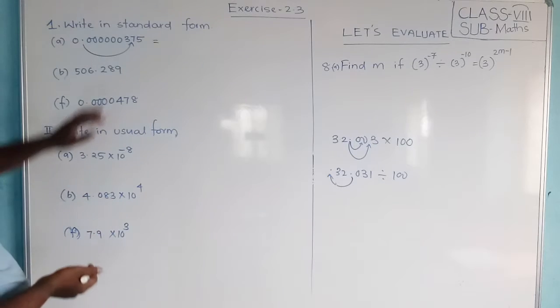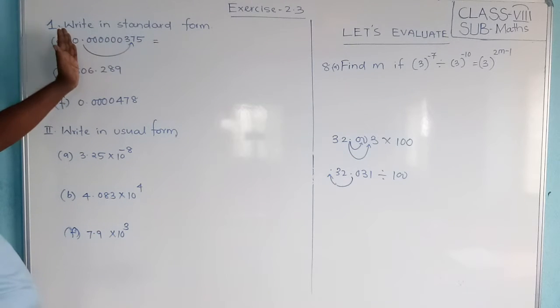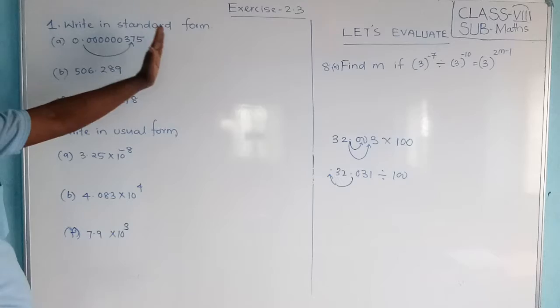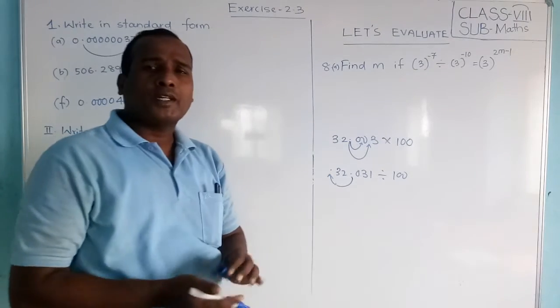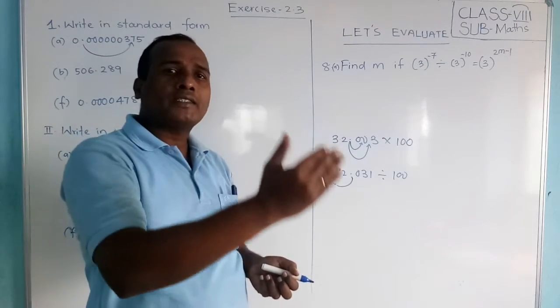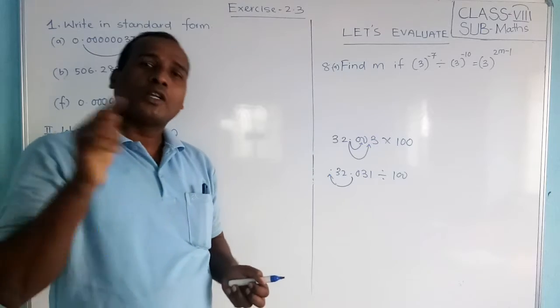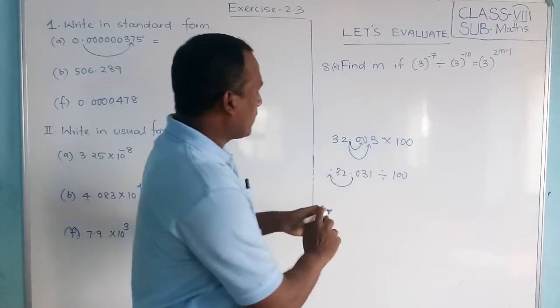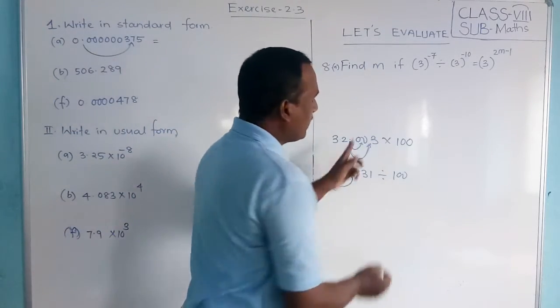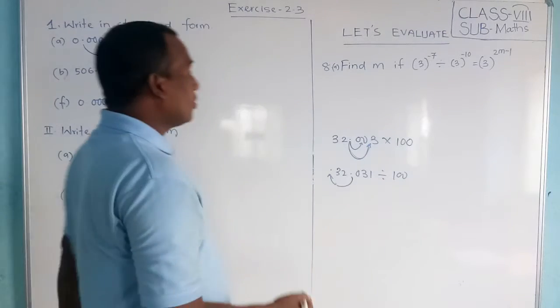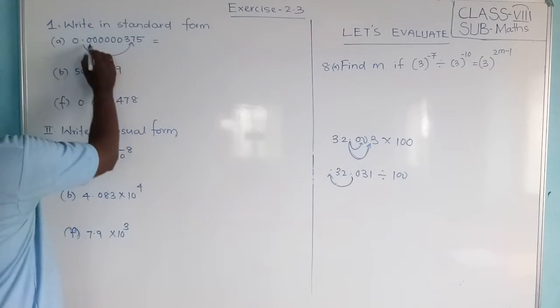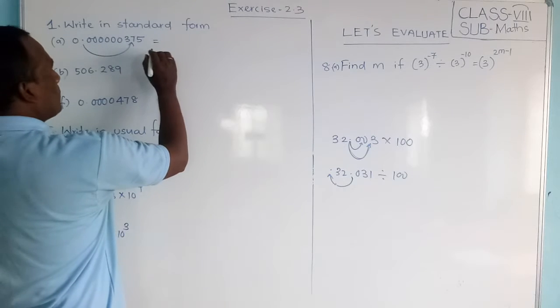Are you clear, friends? You have to move 7 places to the right side. Whenever the decimal point moves to the right side, we multiply. So how many places do we need? 7 places.